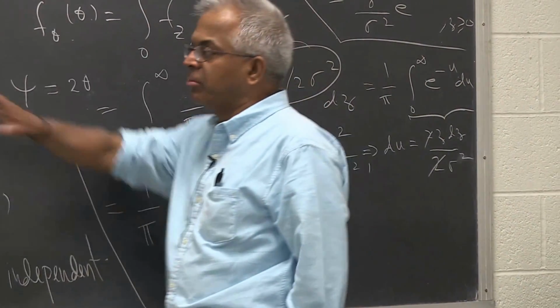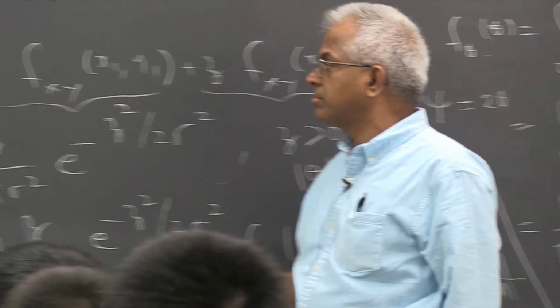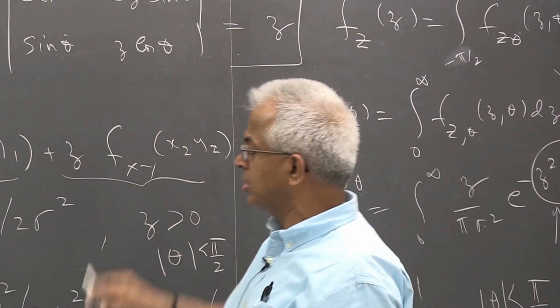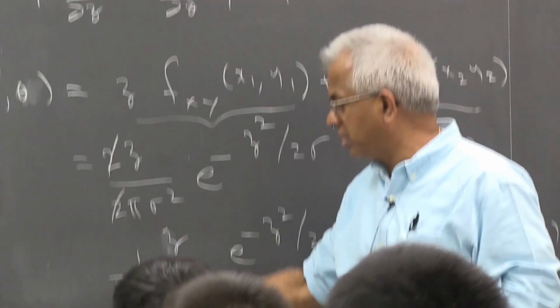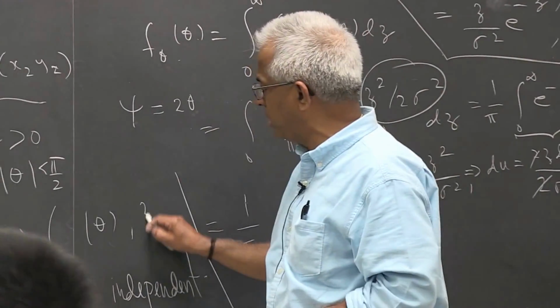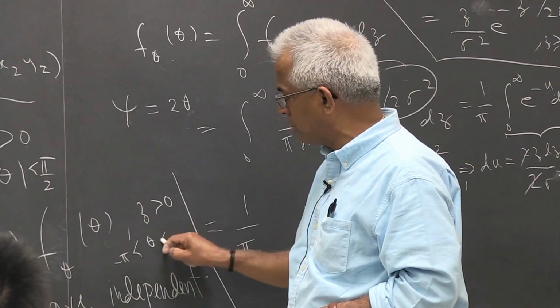Or the other way would have been to consider only one function. If you consider that random variable to have range from minus pi to pi, this will be 1 over 2 pi, and z would still be greater than 0, and theta goes from minus pi to pi.